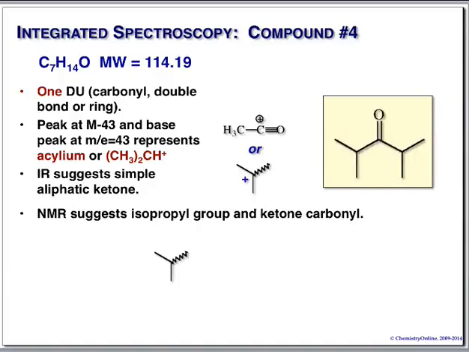So when you said that you didn't know what the 43 was, does that mean that you just don't know what you're left with? Well, we don't know if we've lost a psyllium or if we've lost isopropyl. Could be either one. But when we looked at the NMR, it did not show us an isolated methyl, did it? So we don't have a psyllium.